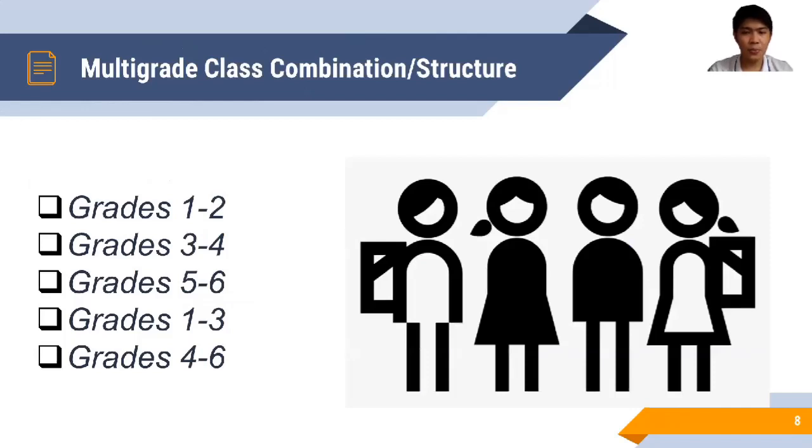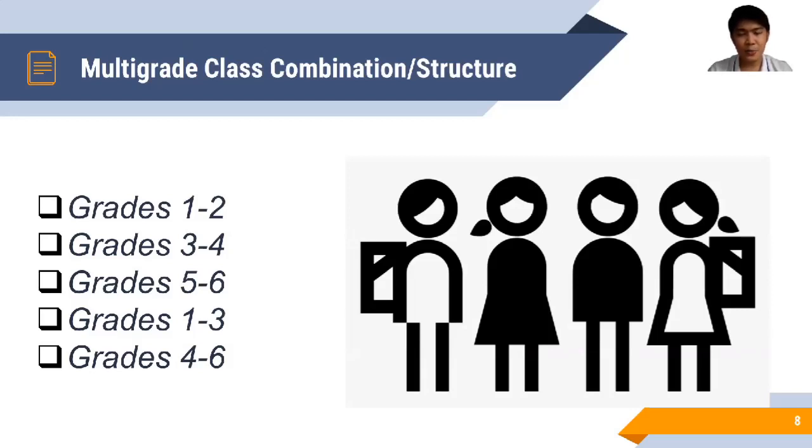So let us go now with the multigrade class combination or structure. So commonly, these are the combination or structure in a multigrade school. So we have grades 1 and 2 under the supervision of a single teacher, grades 3 and 4, grades 5 and 6.